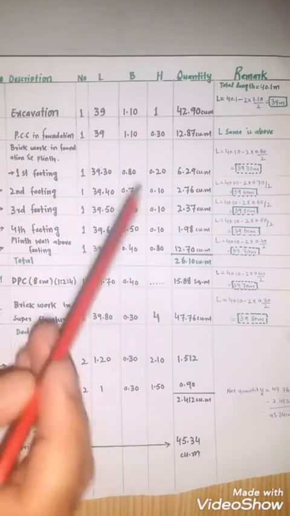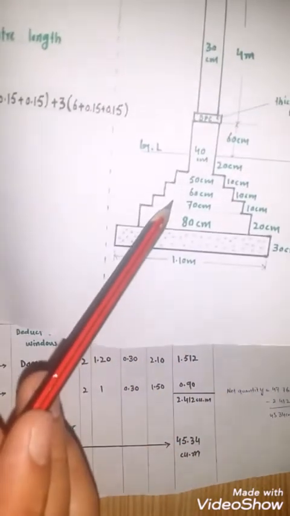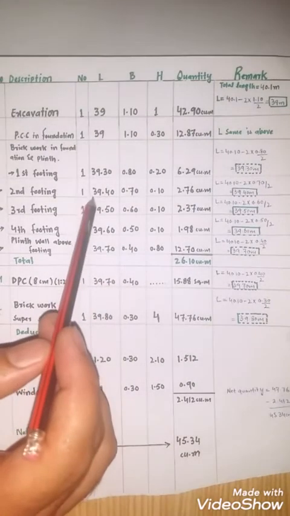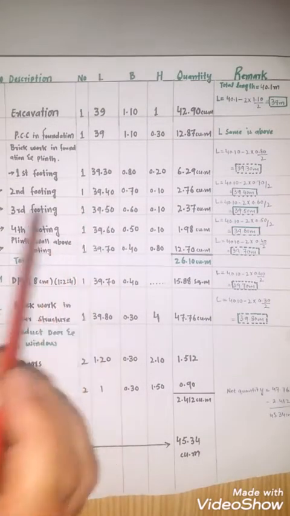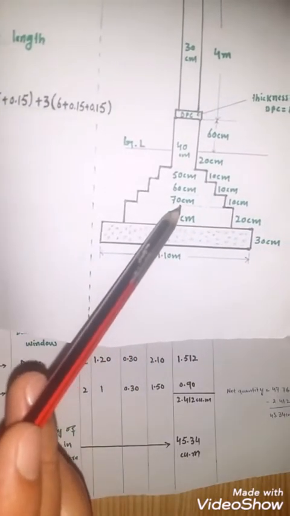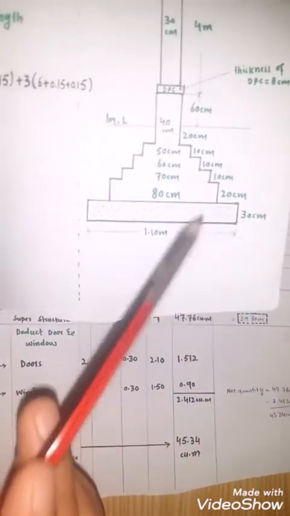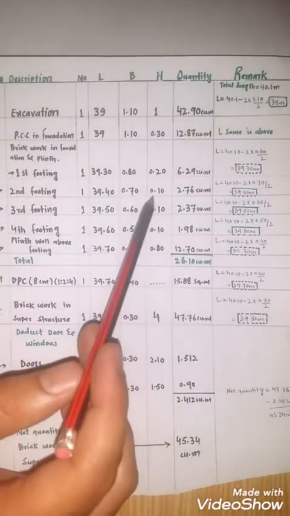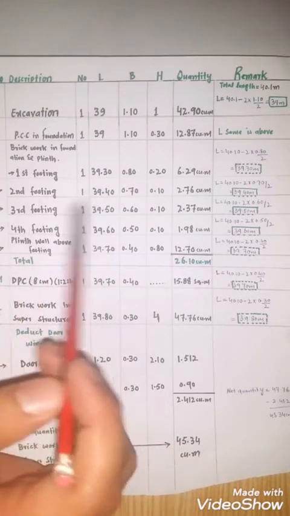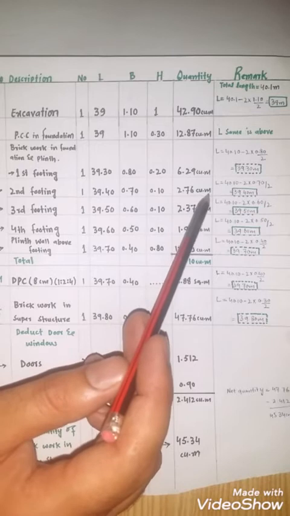Now find brickwork for second footing. This is second footing. The length is 39.40. The breadth is equal to 0.70 meter or 70 centimeter. The height is equal to 10 centimeter or 0.10 meter. The quantity of second footing is equal to 2.76 cubic meter.